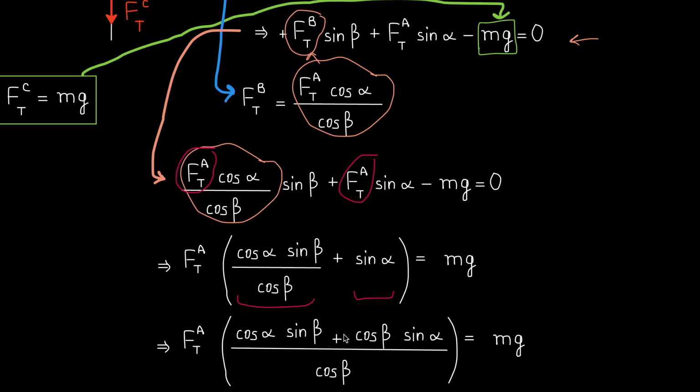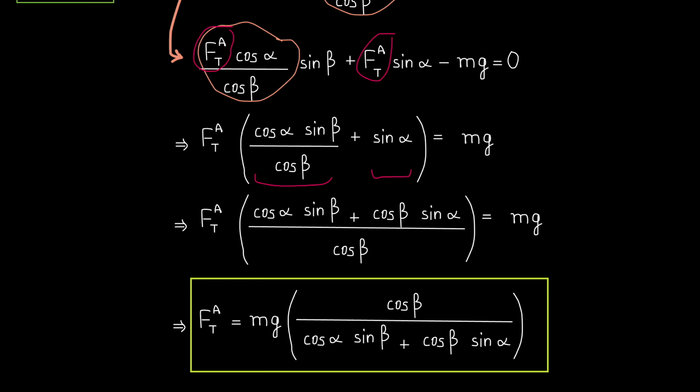So in the next line, I multiplied and divided the second term by cosine beta so that we have a common denominator of cosine beta. So this is basically one single fraction. And in the next step, I'm going to divide both sides by this fraction, or multiply both sides by the reciprocal of this fraction, and that will isolate FTA.